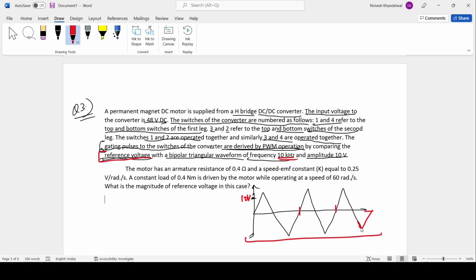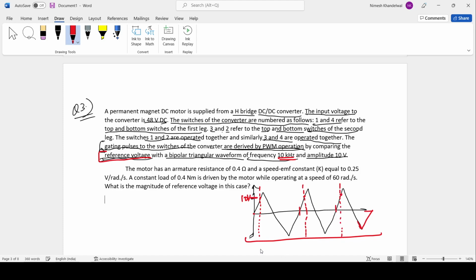In microcontrollers there are timers that help us generate waveforms like this. Then we can set the reference voltage to get signals whenever that particular voltage is reached in this kind of timing signal.